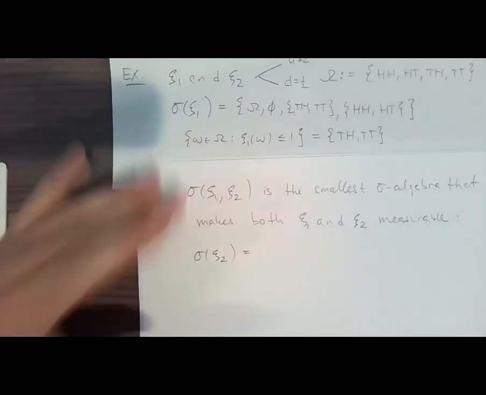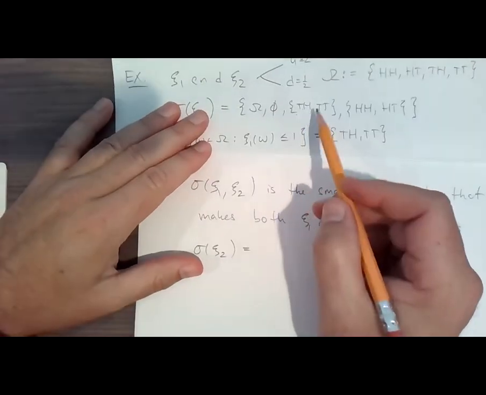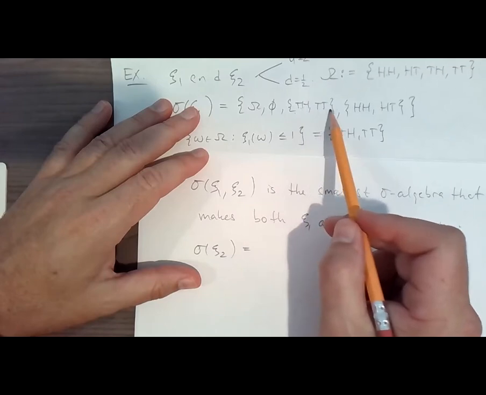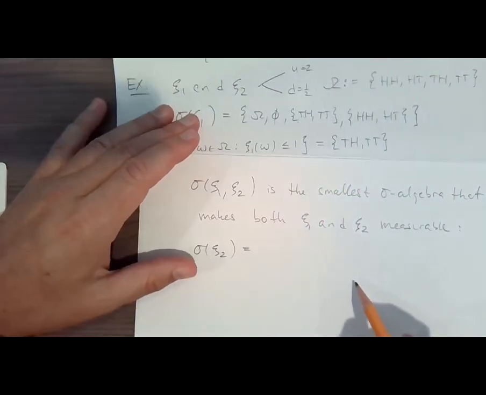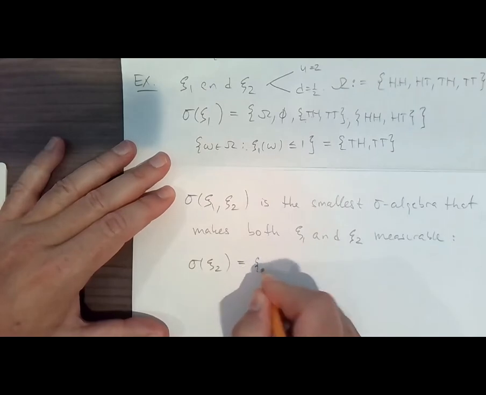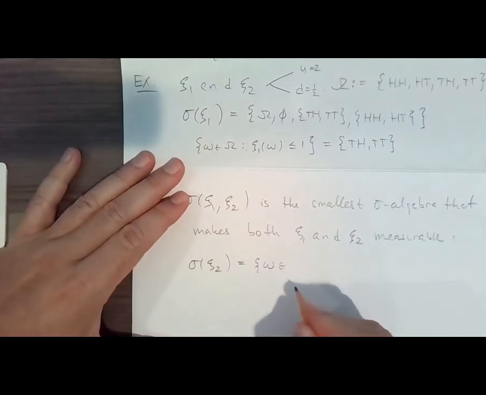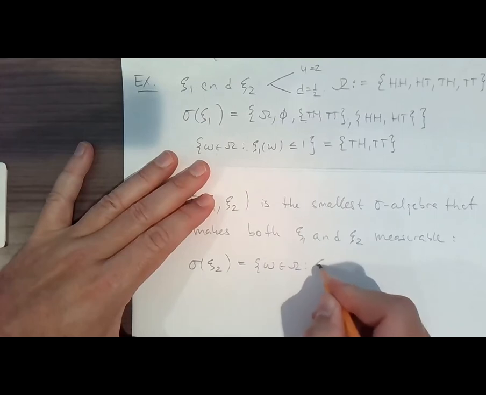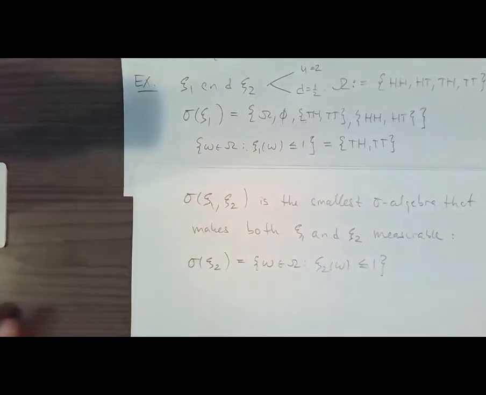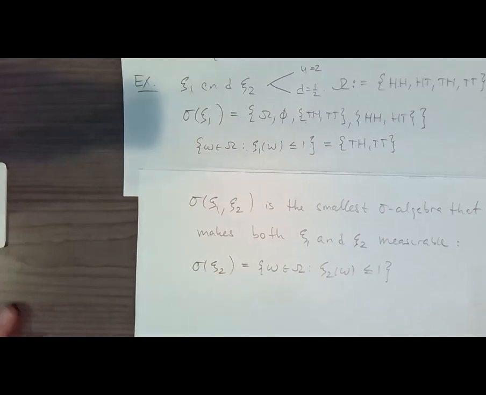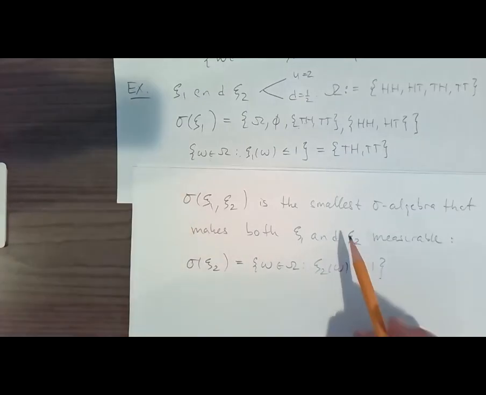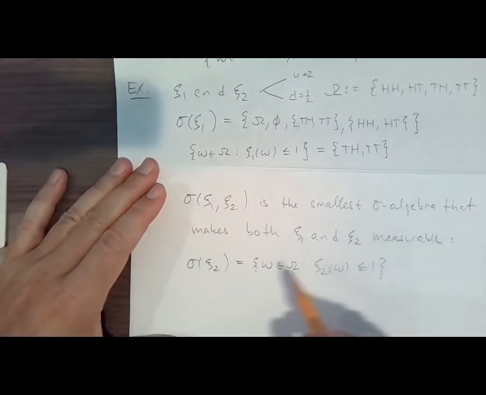What is the sigma algebra here? It's going to be very similar. This is just going to be the second entry that's going to be the determining factor. If I look at a set like this one, those omegas for which psi2 of omega is less than 1, what would that be? Well, psi2 only cares about the second component, right?